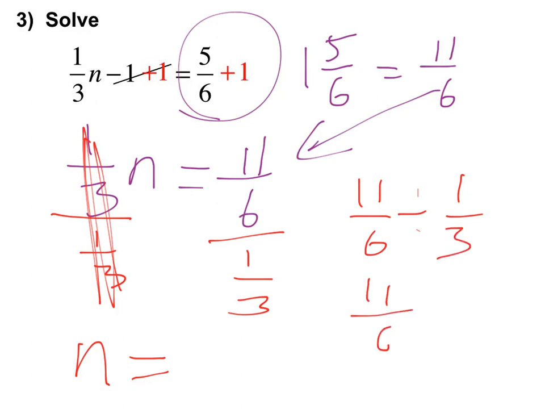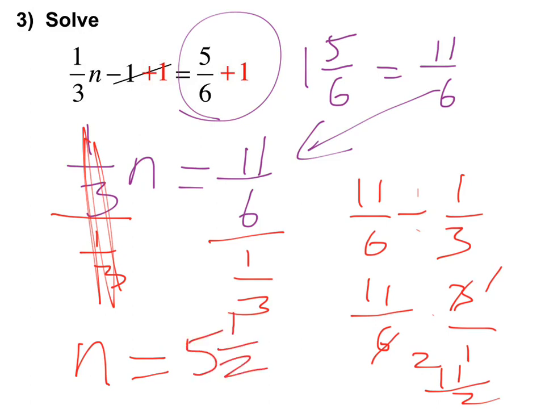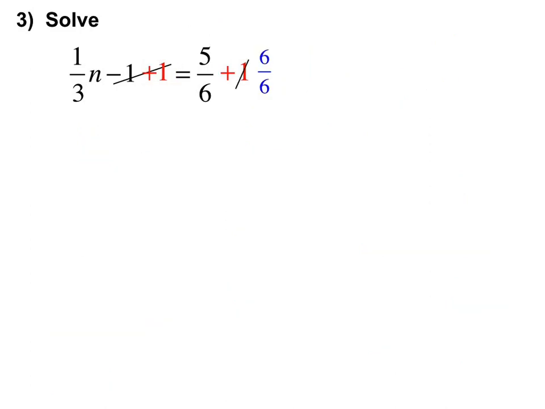Change it to a multiplication problem. Cross divide where you can. We end up with 11 over 2, but as most of you got, a solution that is equal to 5 1/2 for n. Any questions with number 3? All right, everybody try number 4.